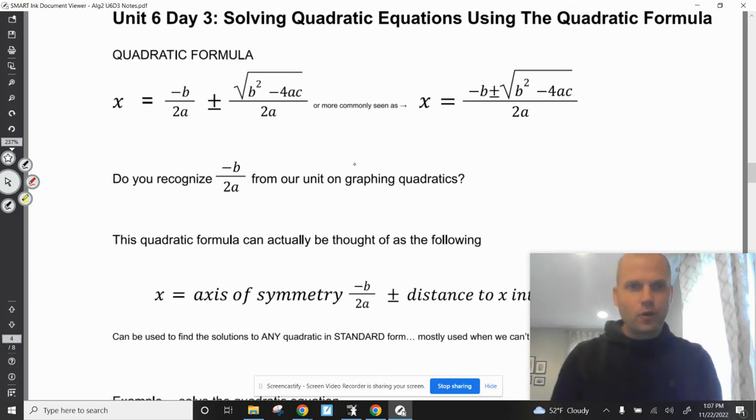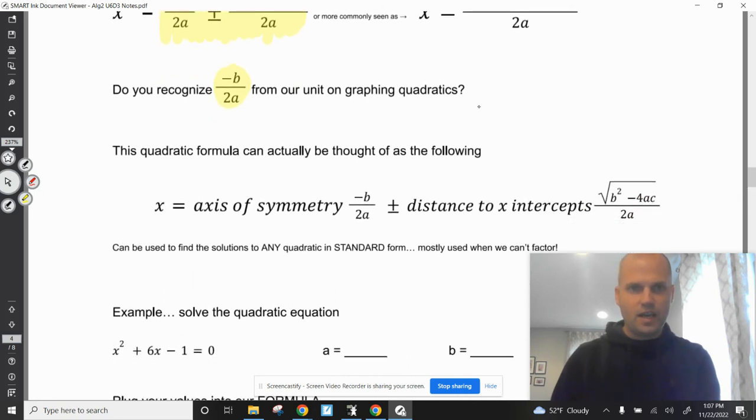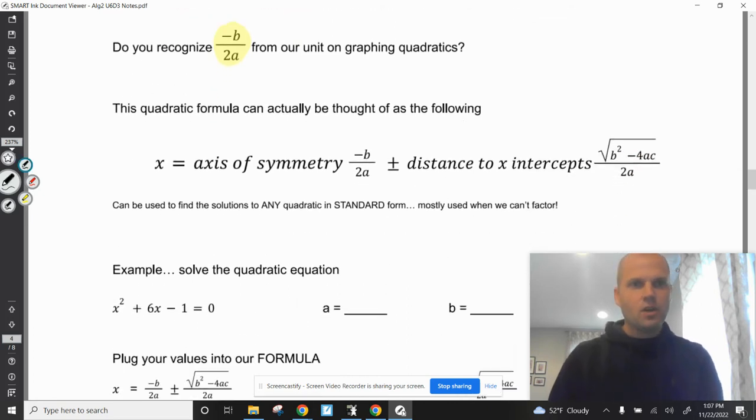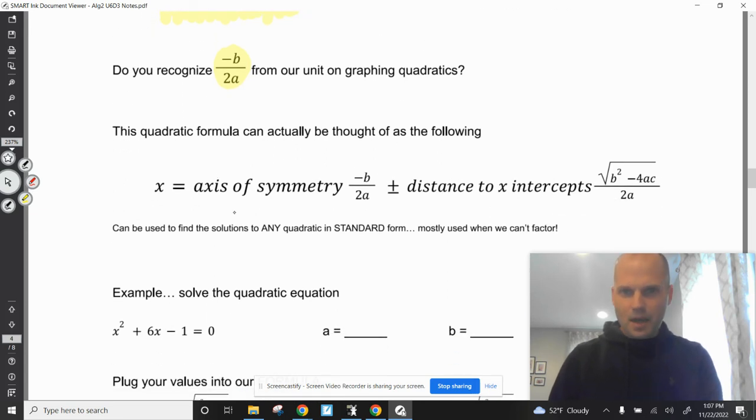I actually prefer this method, and I think it's easier to simplify, and I think it's easier to understand because we have seen this before. I don't know if you remember seeing that before, but this was the location of our axis of symmetry. It's the x-coordinate of our vertex if you're given ax squared plus bx plus c. So really what this formula is, is the middle plus or minus a distance to get to your x-intercepts.